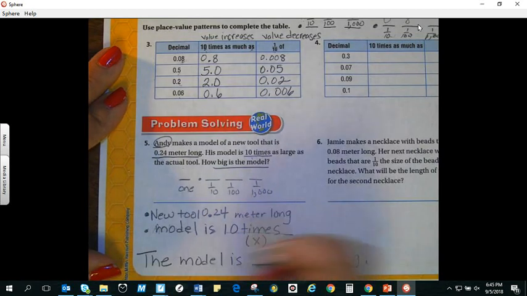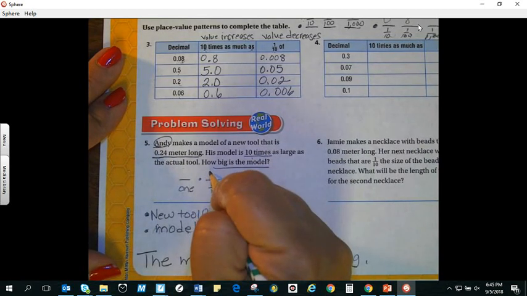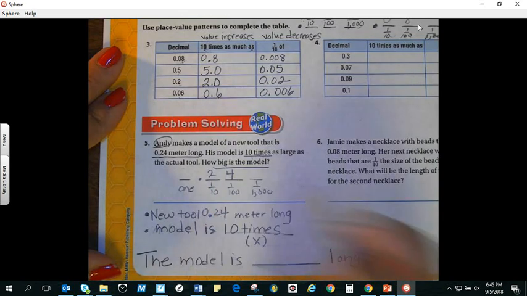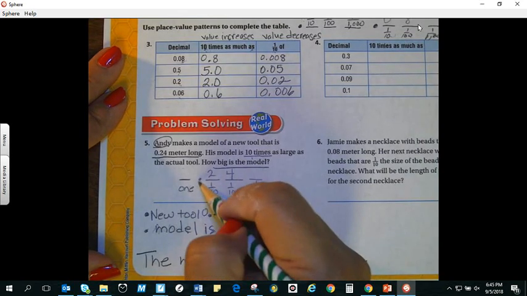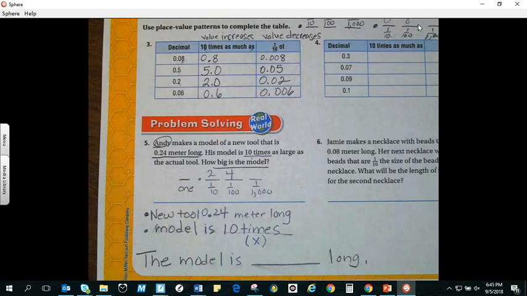All right, so if I place my place value here at 24 hundredths, and I moved my place value to show an increase, how long is it? How many meters is it if I wanted to let it grow? I hear a shout out.